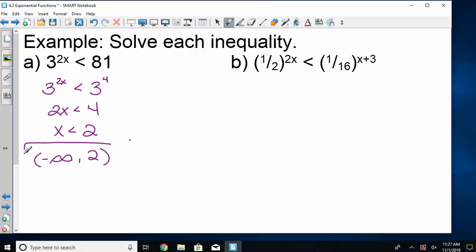With a parenthesis, because there's no equal to. And that's all for A. So just like yesterday's really, except it is an inequality, so at the end you do have to write an interval for your answer. Let's take a look at the next one.